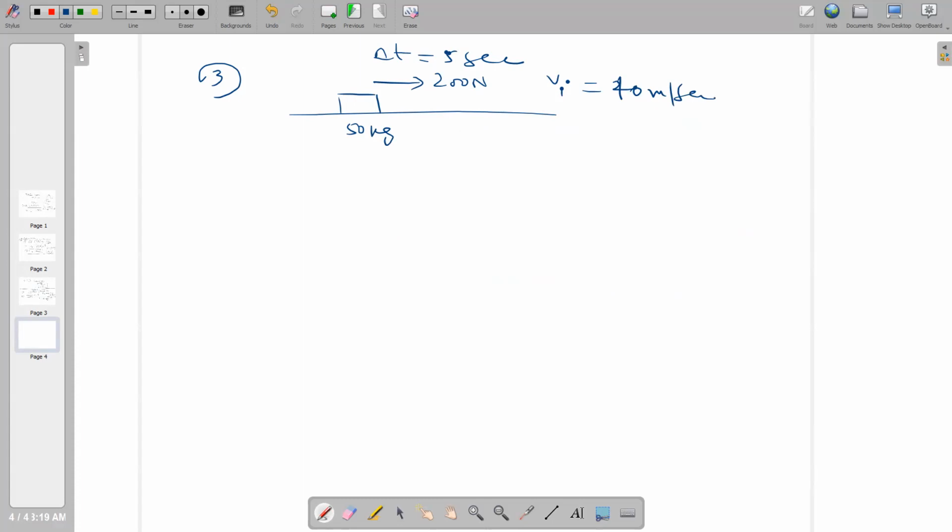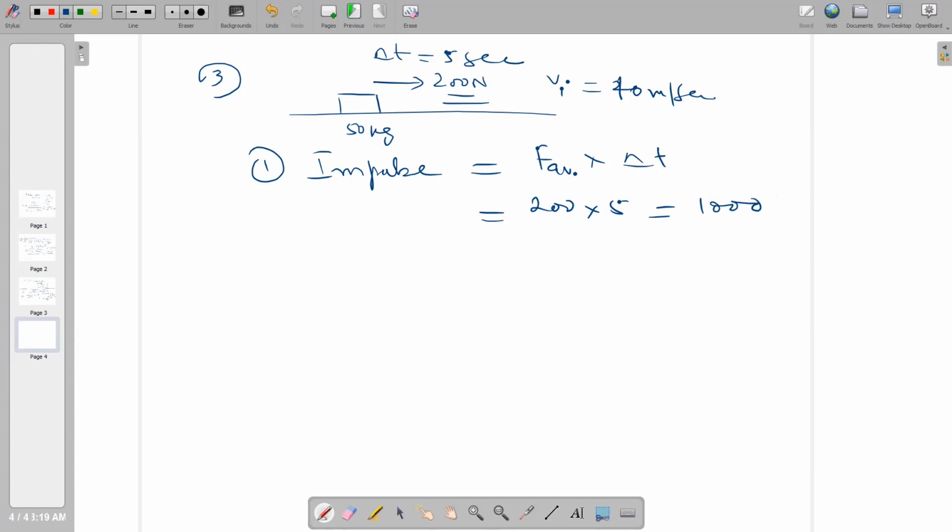Now the question is, find the impulse. You know that impulse is equal to average force multiplied by delta t. So this is 200 multiplied by 5 seconds, and this is your answer: 1000 Newton second.